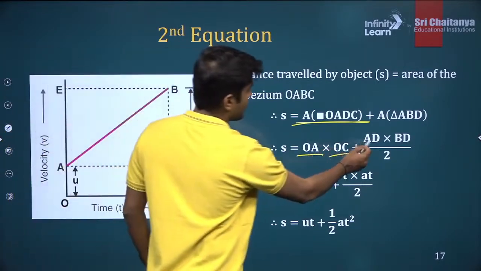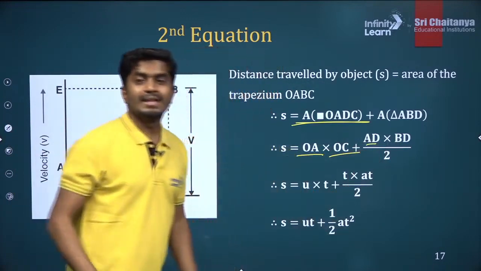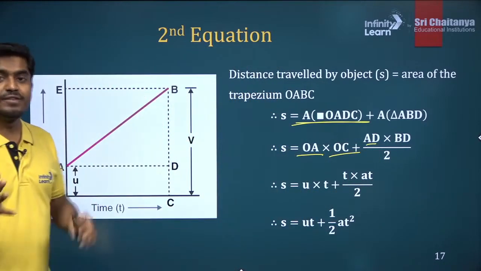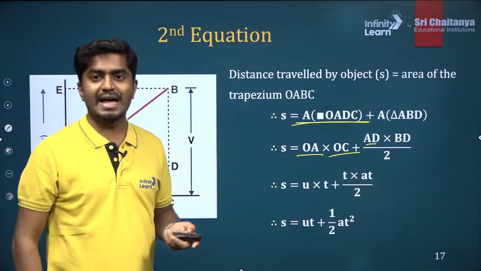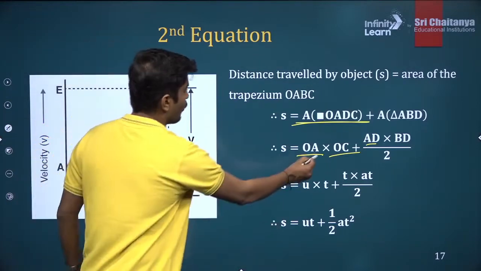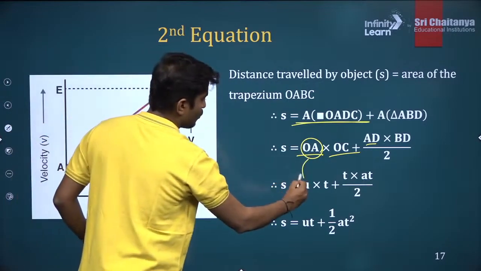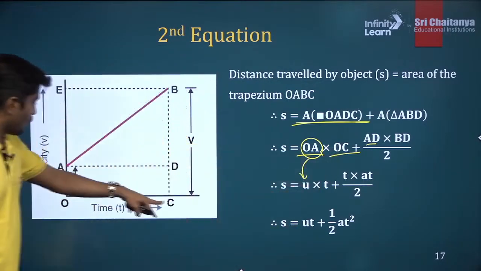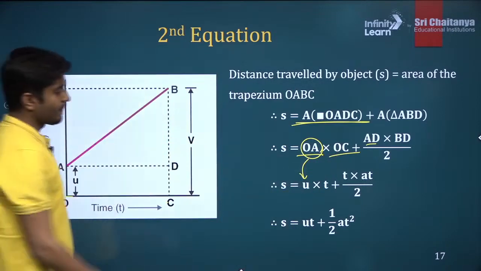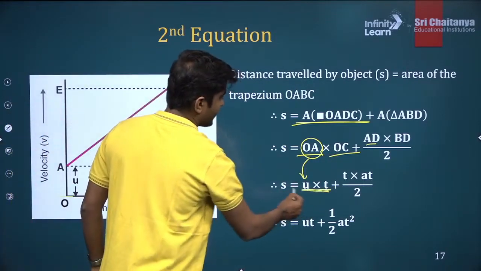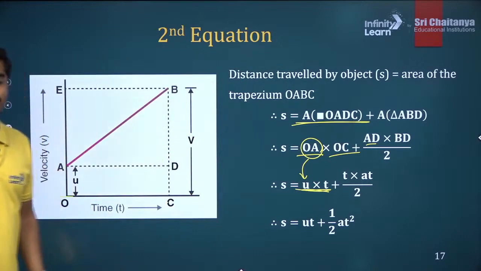So half AD multiplied by BD. Now just substitute the values. OA is our initial velocity, that is u. What is OC? OC is the time. So that is ut. So you get the first term.